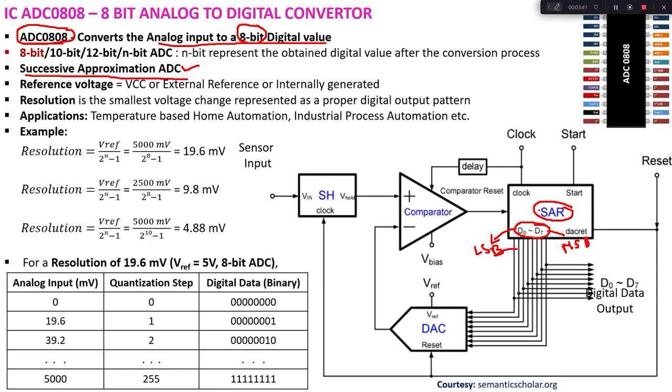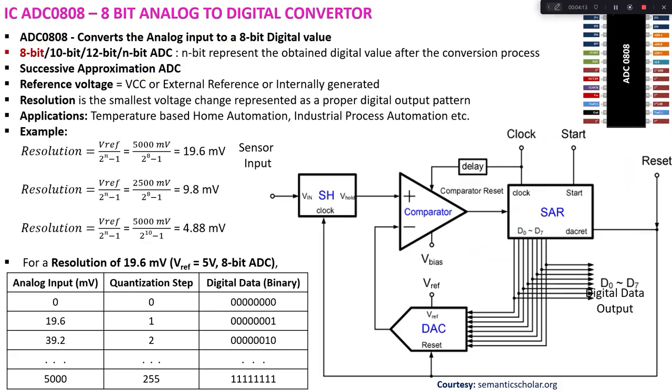Since I have 8 bits, my values can vary from 8 zeros up to 1, 1, 1, 1, 1, 1, 1, 1. In decimal, we can write it as from 0 up to 255. So this successive approximation ADC contains this register with these values.